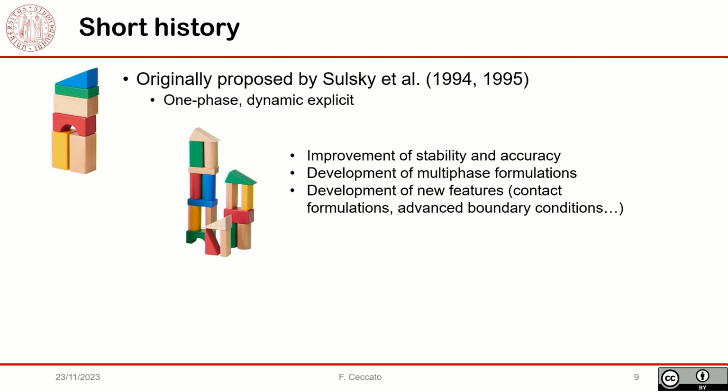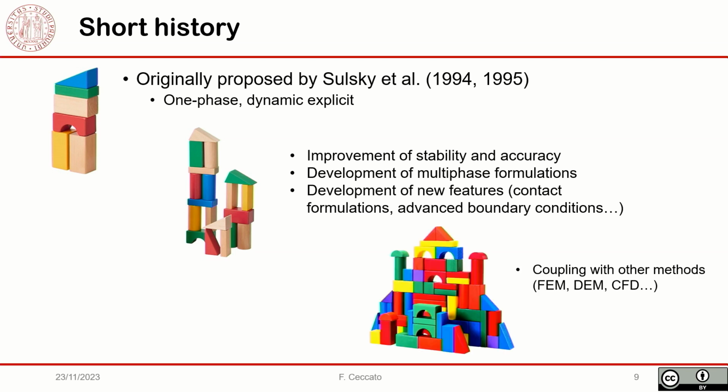And also some other features like contact formulation for interacting bodies or advanced boundary conditions for seismic or rainfall loading and so on. And now there is a lot of development also to couple MPM with other methods, FEM, DEM, CFD, in order to exploit the best functionalities of all the methods.